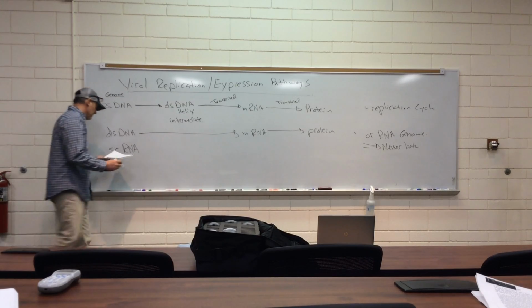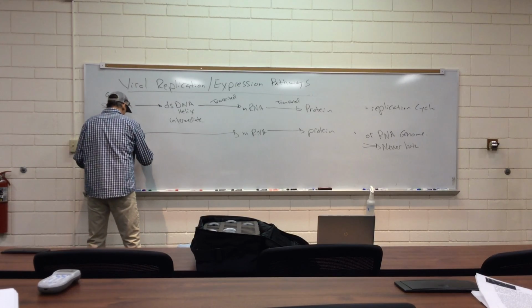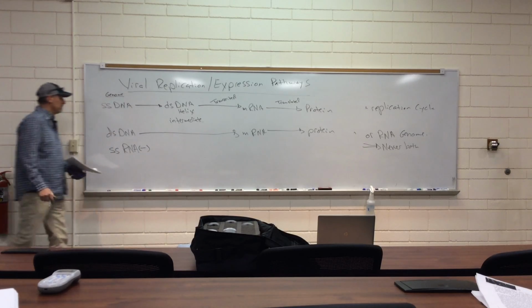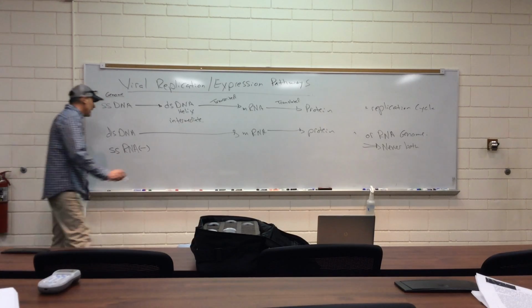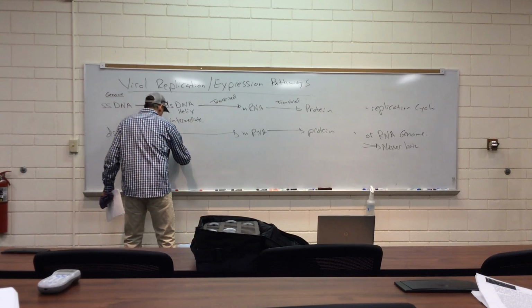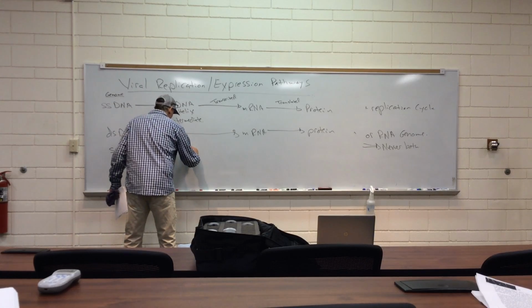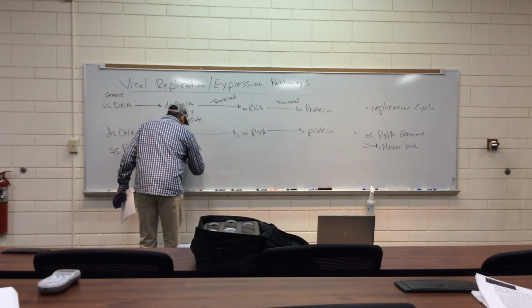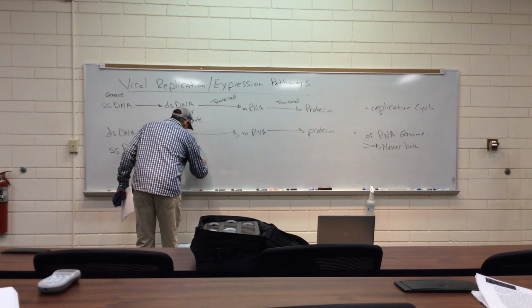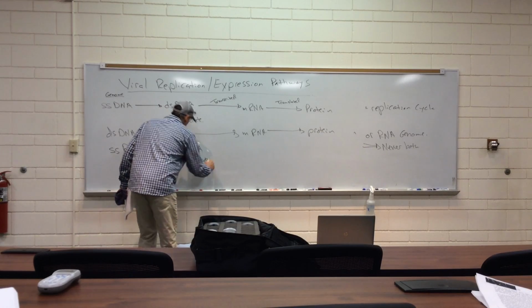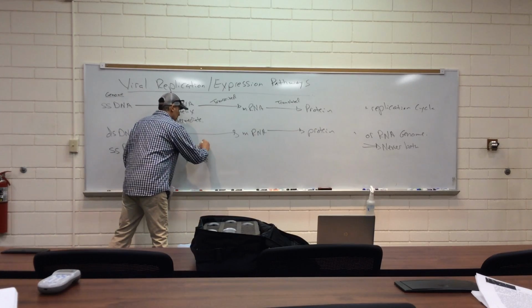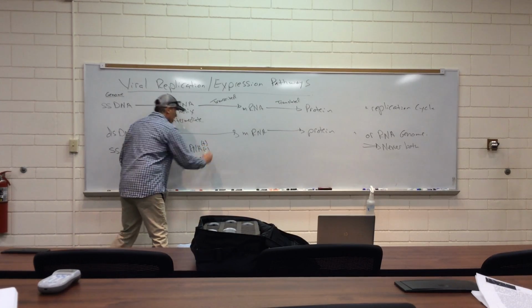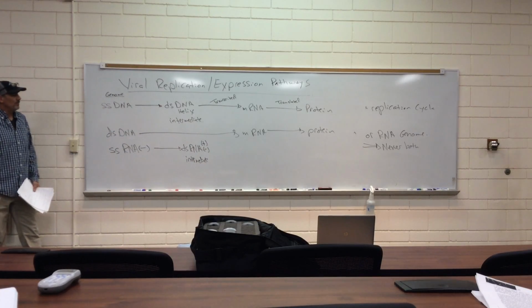In this case, I'm going to put a negative behind it. It utilizes a double-stranded RNA intermediate. So this guy basically creates a double-stranded RNA intermediate. In doing so, it creates a positive strand, so we end up having both a positive and a negative strand.